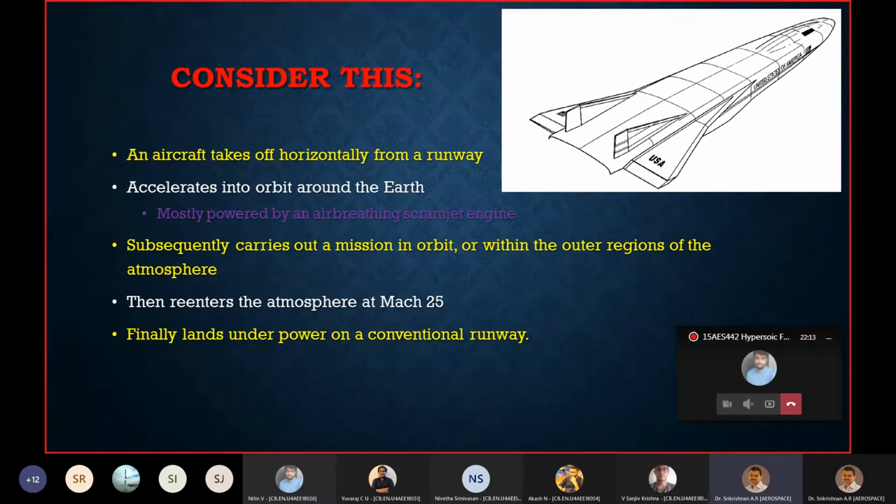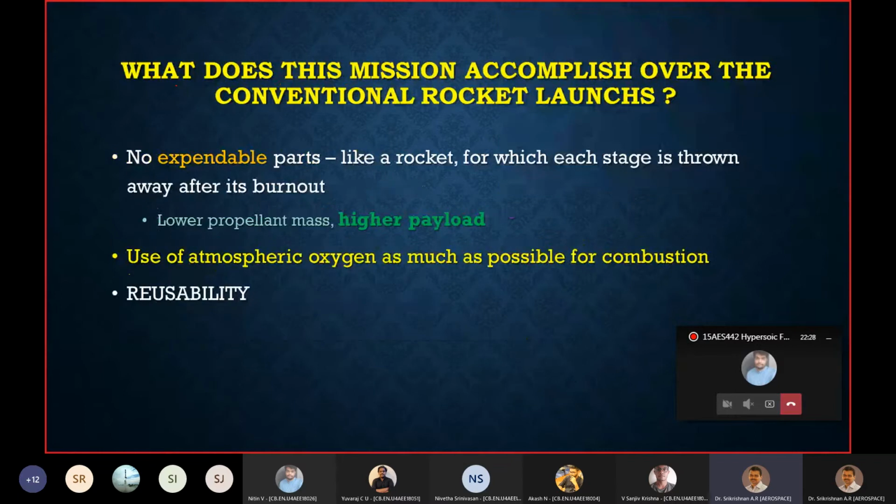So in order to minimize the cost, and also to be more efficient in terms of payload, the concept being explored is one where you can have a reusable propulsion system, theoretically or ideally without any expendable parts, so that you are not throwing anything out.